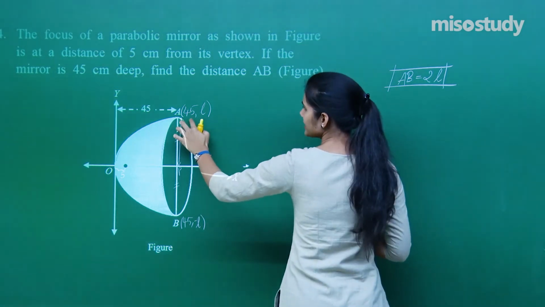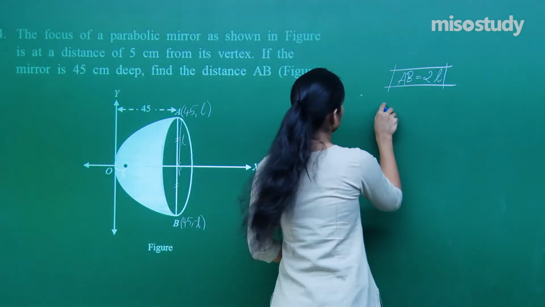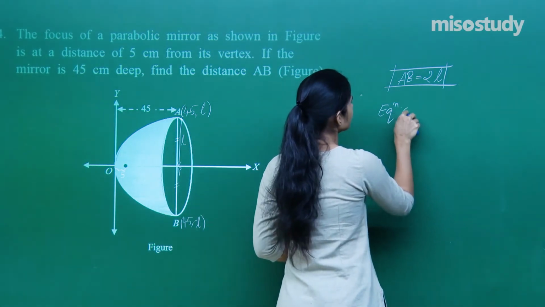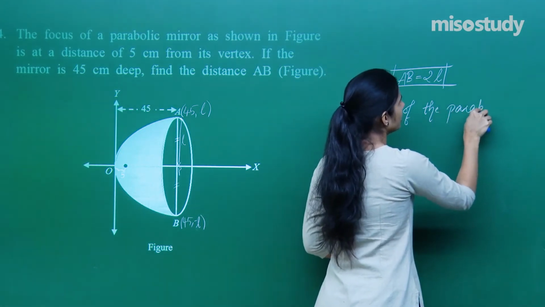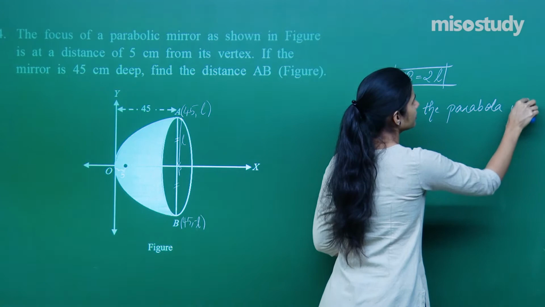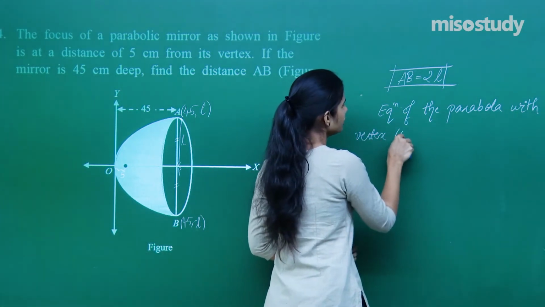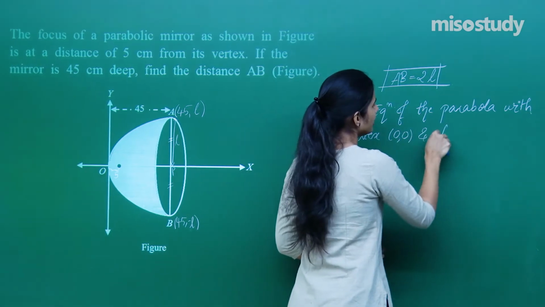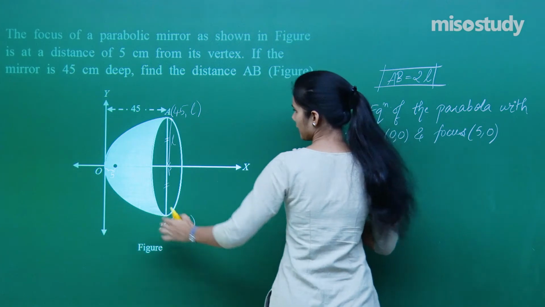Now, the point A is having coordinates 45 comma L and point A is lying on this parabola. Equation of this parabola is what? Equation of the parabola with vertex origin and focus as 5, 0. This is my focus.